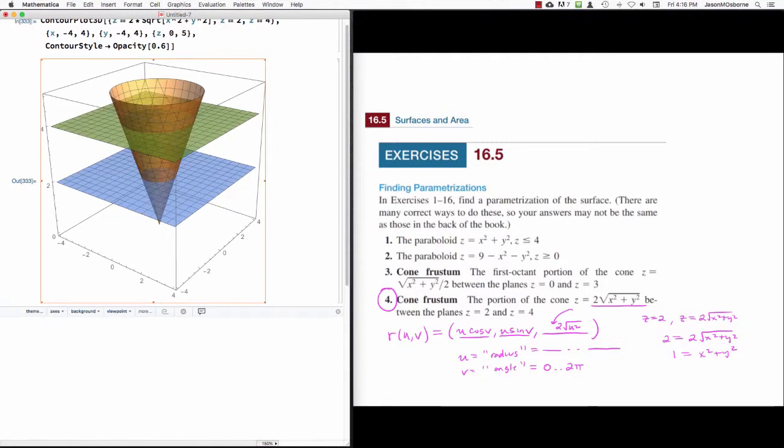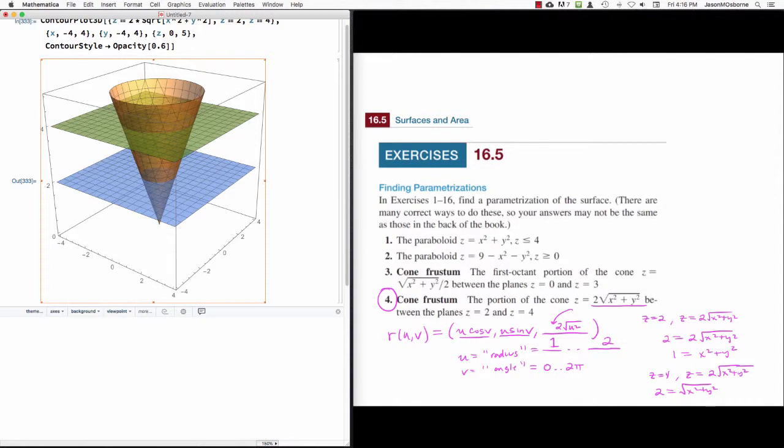So our radius variable should go from 1 up to, when z is equal to 4, 2 is equal to the square root of x squared plus y squared, which is a circle of radius 2. So our radius should go from 1 to 2.